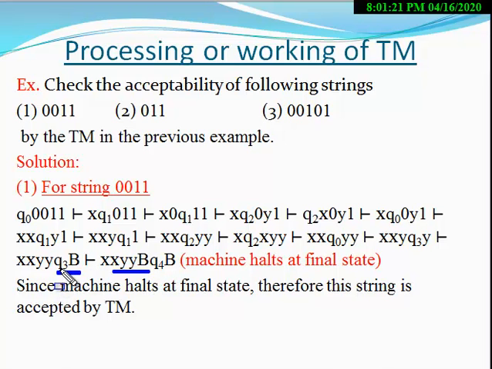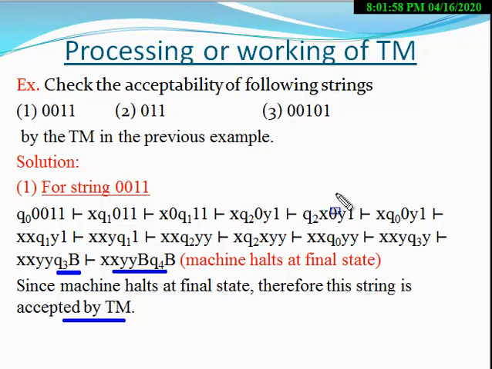When Q3 move to the right direction, then Q4 becomes the right of B. Clearly Q4 is a final state, therefore machine halt at the final state. Therefore this string is accepted by this Turing machine.